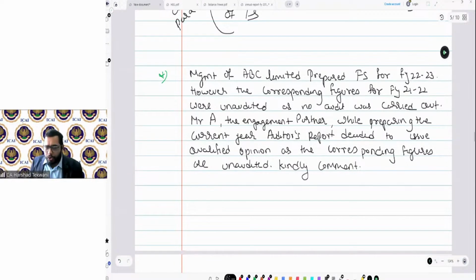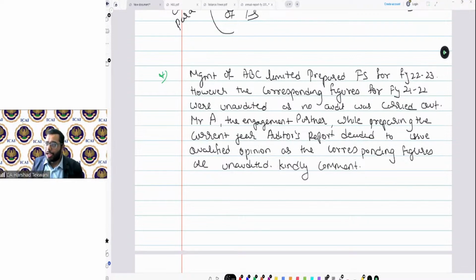Okay. So the question is that there is a corresponding number, but that is not audited. Till now, we saw it was audited, either modified opinion or unmodified opinion, audited by some other auditor. But for the first time, we are seeing they are not audited at all.